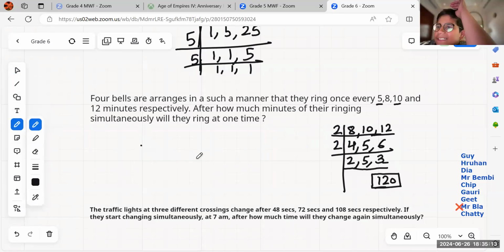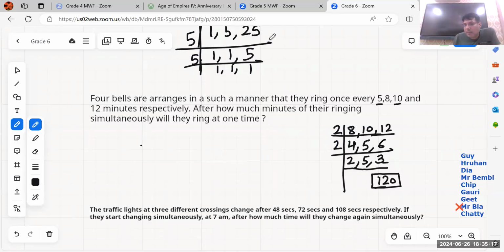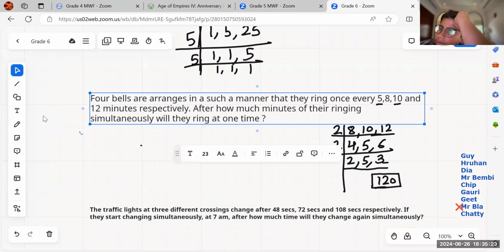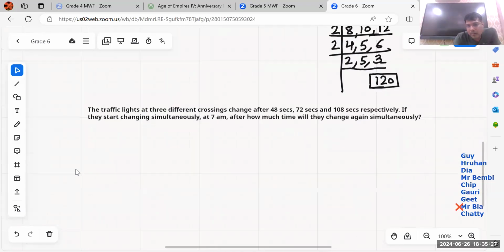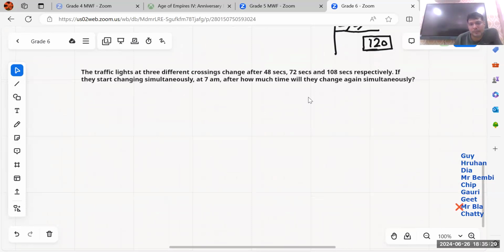So what do we cancel out? I cancelled 5, I did not use 5 because 5 is a multiple of 10. Again, whatever is a multiple of something can be removed from the LCM. Just a tip, if you remember it, but don't make mistakes.